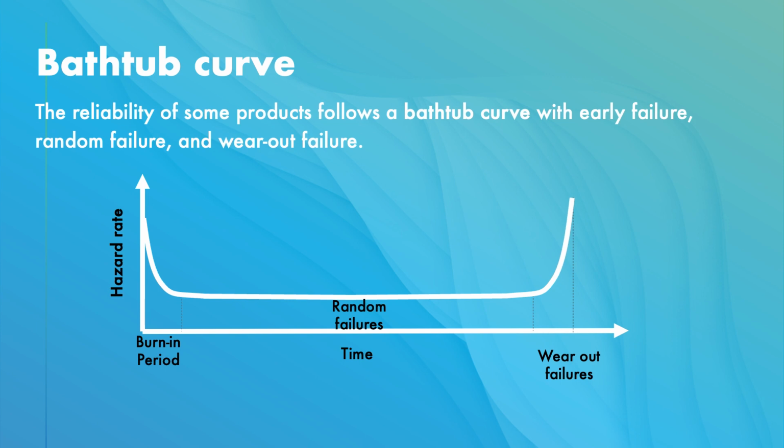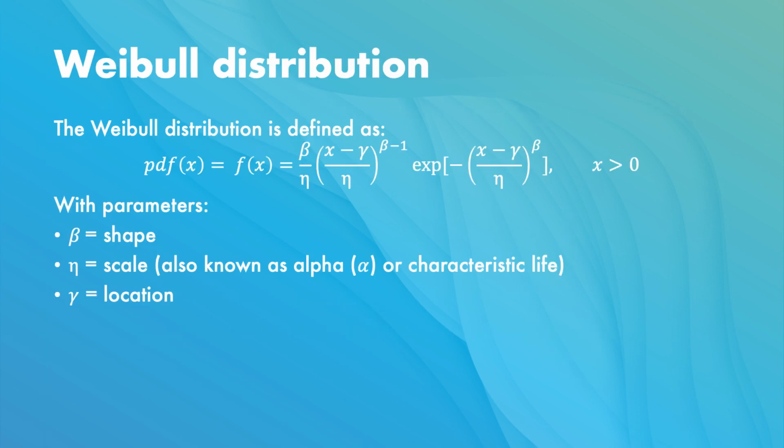And it would be important that we could cover all the 3 stages with a single distribution. Wouldn't it be great? And it's actually possible because we have the concept of the Weibull distribution that allows us to do so. So we have here formally the Weibull distribution. We have this expression, a very big one, but the important thing is the 3 parameters: the shape, the scale, and the location.